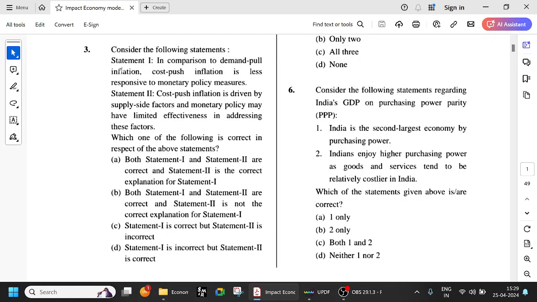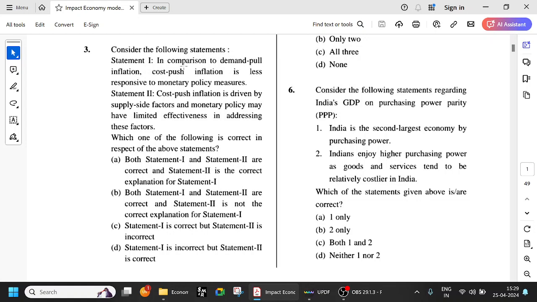So the demand side can be influenced by monetary policy measures like increasing or reducing the repo rate, reverse repo rate, bank rate, and all those things.